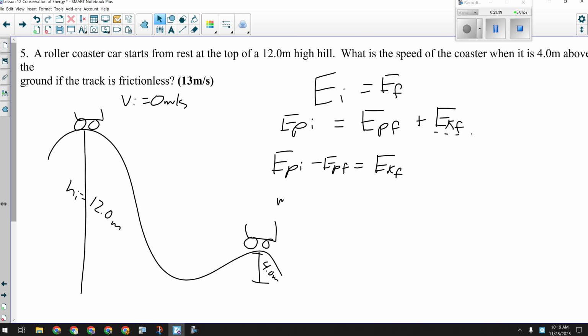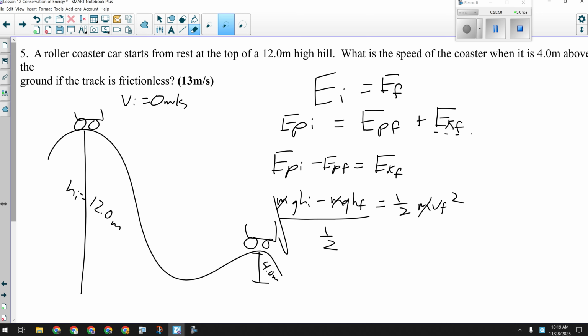Then I can put in my formulas: m times g times h initial, minus m times g times h final equals 1/2 mv final squared. Gonna cancel the m's, don't need them. Divide both sides by 1/2 and square root. So 9.81 times 12, minus 9.81 times 4.